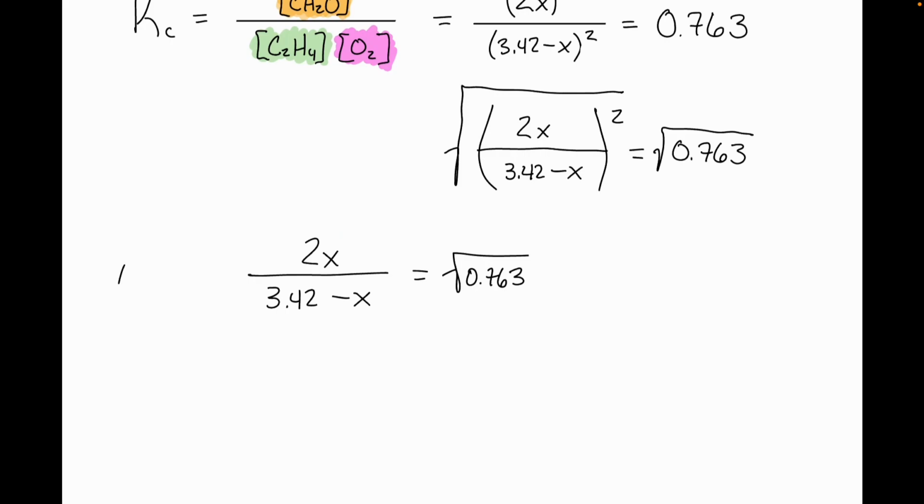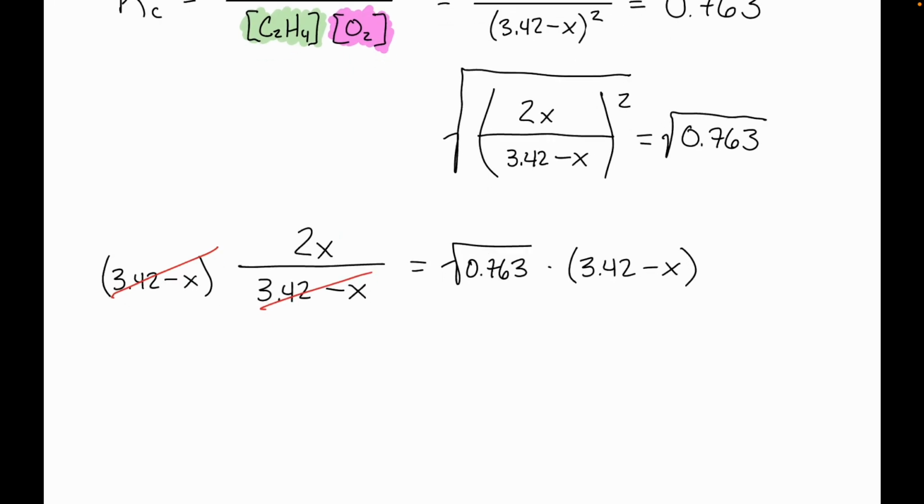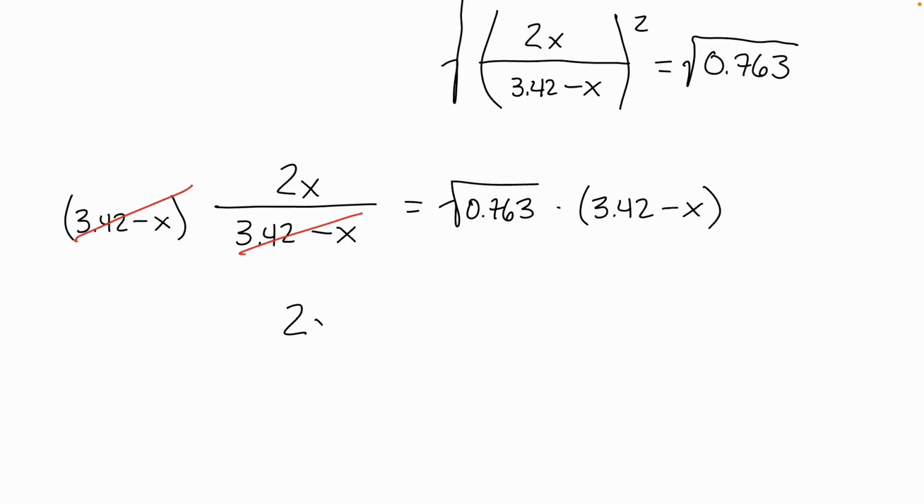So I'm going to multiply this side by 3.42 minus x and multiply this side by 3.42 minus x. I'm going to do that because that'll cancel it out over here. So now I have 2x equals the square root of 0.763 times 3.42 minus x.